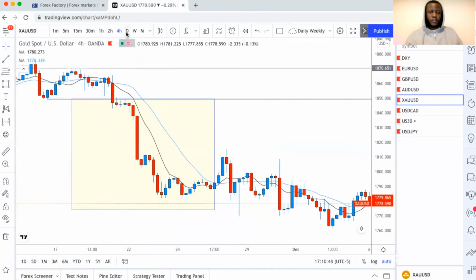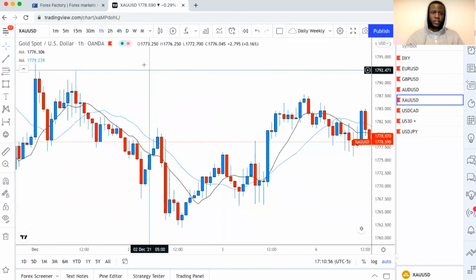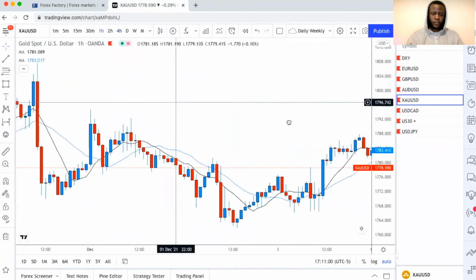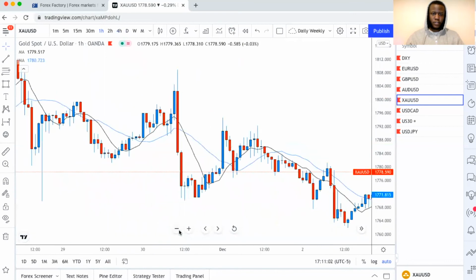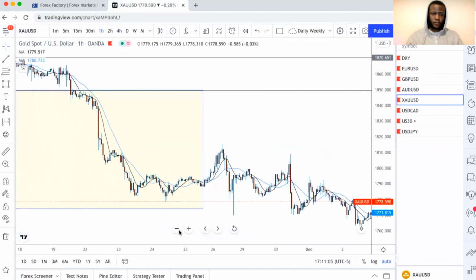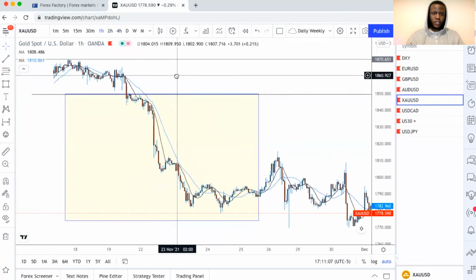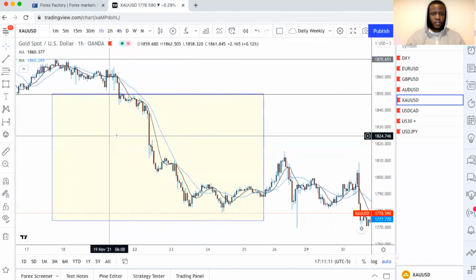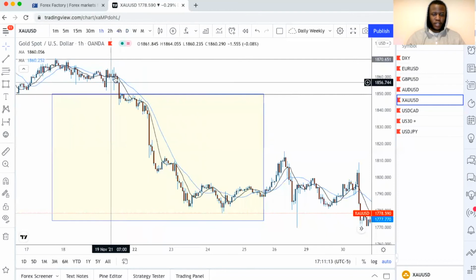So daily, 4 hour, you want them both to be in the same direction, and then you just go down to the 1 hour. Once you have the daily and 4 hour in the same direction, you can look to the 1 hour and wait for that to cross over.